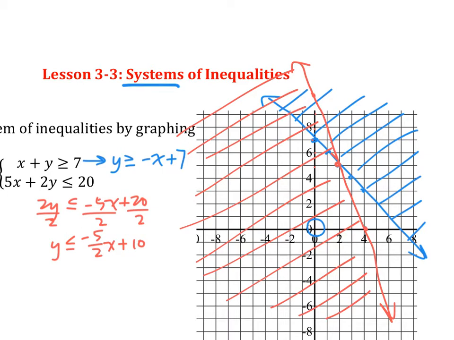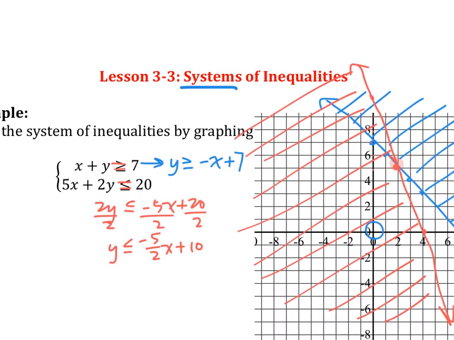So the question is, where is the answer? Some people say, this is the answer. This is where they intersect. That is incorrect. That is the answer if the question were just equal to. If you just had two equations, and remember equations means there's an equal sign, and you're solving the system of equations, then the intersection is the answer.